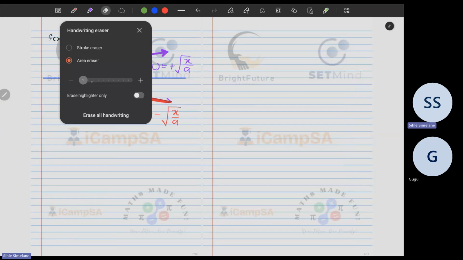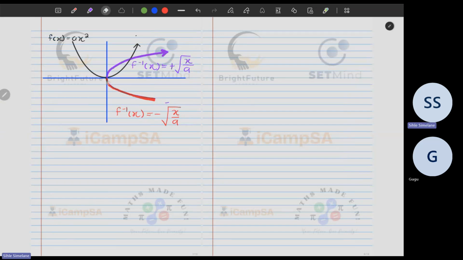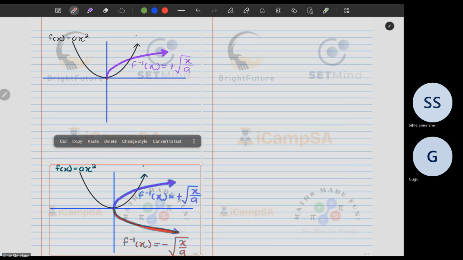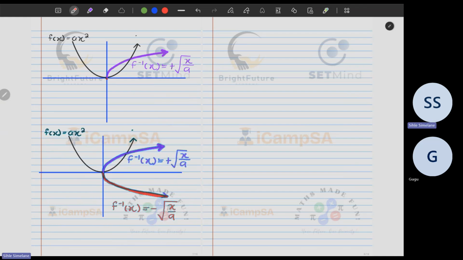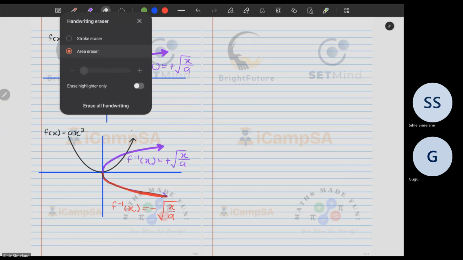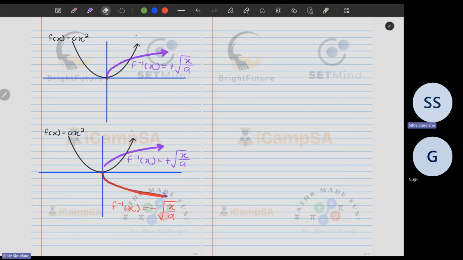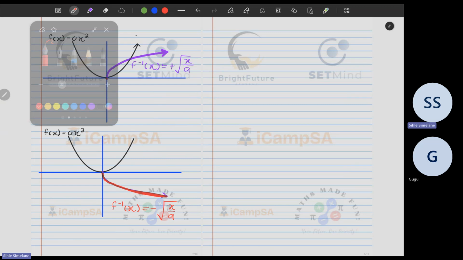It's either we restrict such that we remove this here, and now our inverse would be a function, or we remove the top part. And when you remove the top part, the bottom part would all be a function. These are the two ways that we can restrict such that we have a function.